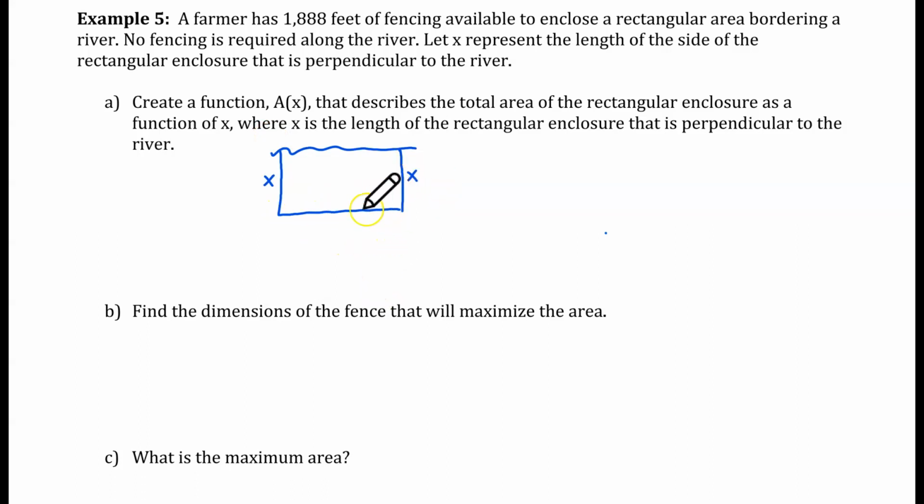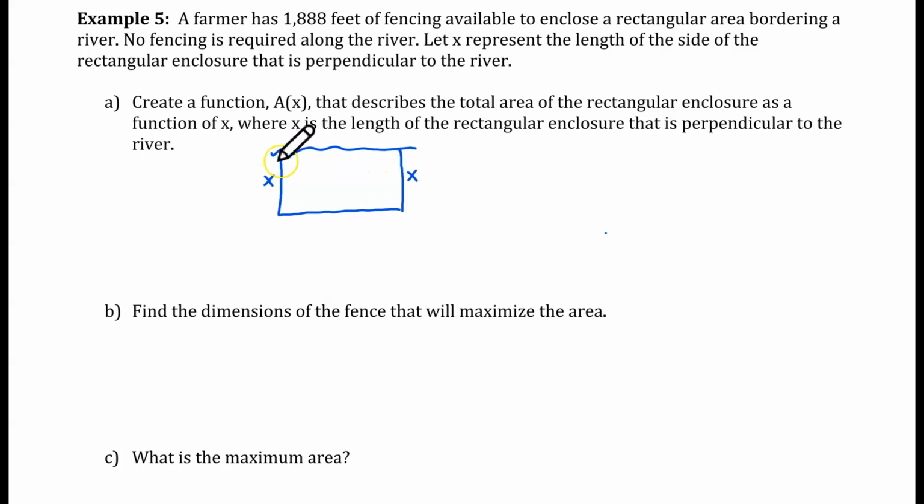Now, to compute for this side here, we will use the formula for the perimeter. Now, it is given that the farmer has 1,888 feet of fencing available to enclose this rectangular area here bordering the river.